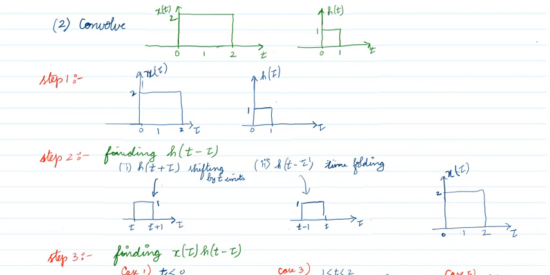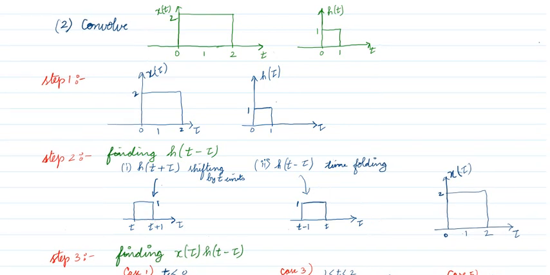This part of the signal has come here. Now we have obtained h of t minus tau. We have x of tau and h of t minus tau. The third step is to multiply these two.